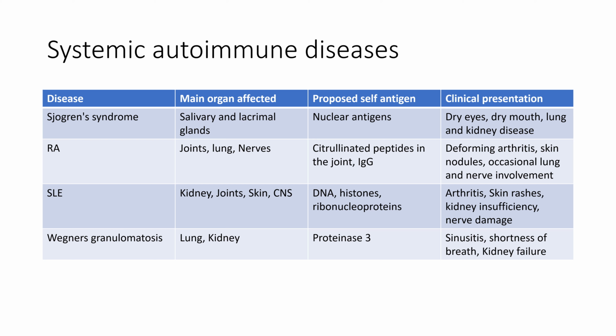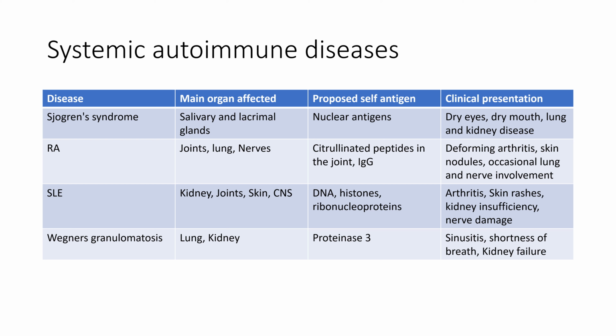The autoantibodies are anti-citrullinated antibodies, of the IgG type, resulting in deforming arthritis. Skin nodules and occasional lung and nerve involvement can also be seen.